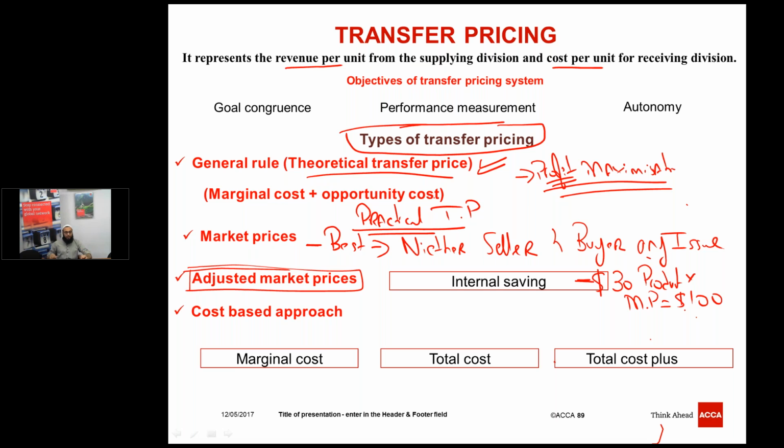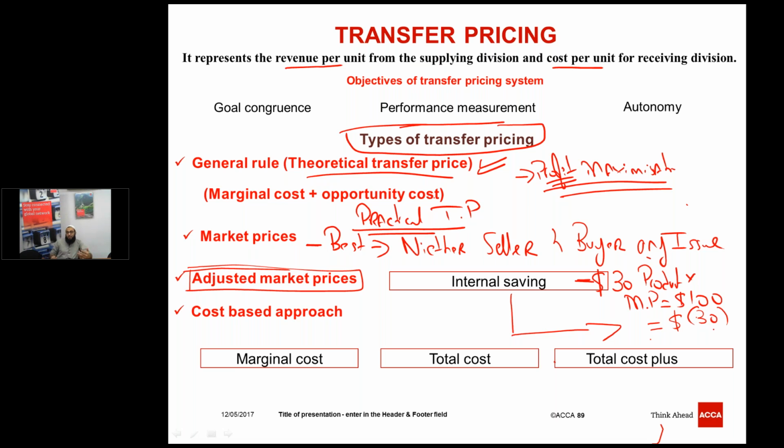So if the selling division sells product X outside, it will be selling that product at $100. But if the same product is transferred within the division, internally in the organization, then there will be some internal saving. And that internal saving, let's suppose, is $30.